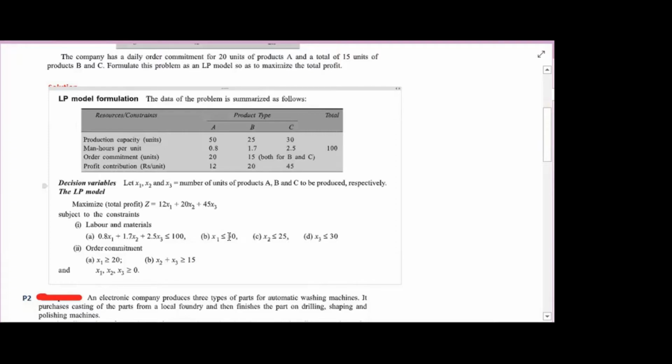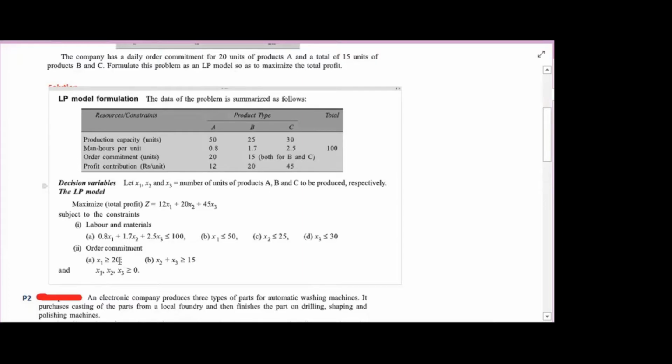And other constraints are x1 should be less than or equal to 50, x2 should be less than or equal to 25, x3 should be less than or equal to 30. This is the production capacity. We cannot produce anything beyond our capacity, right? And there are some other constraints on order commitment.